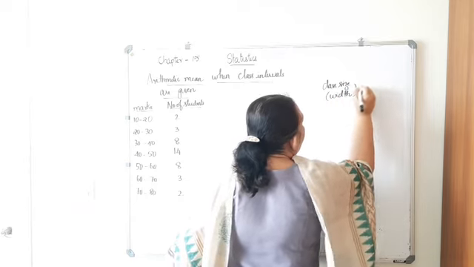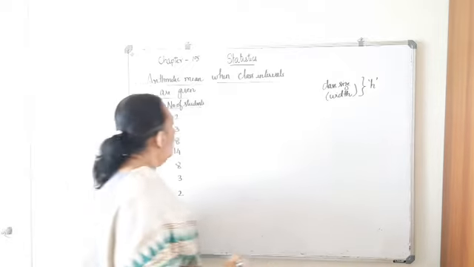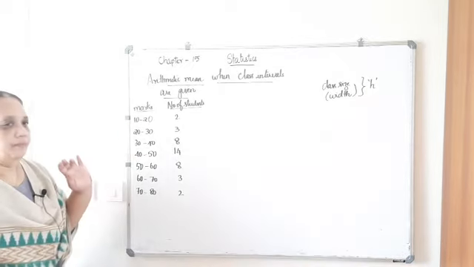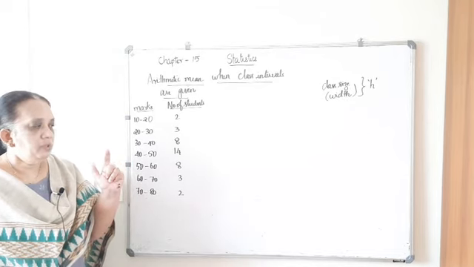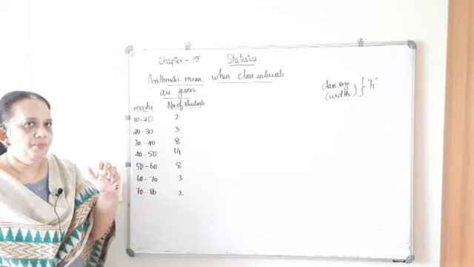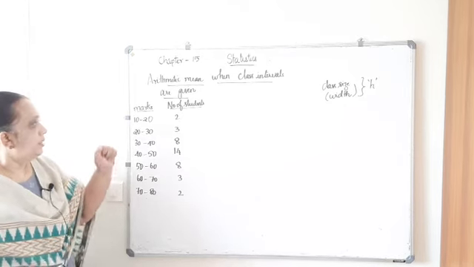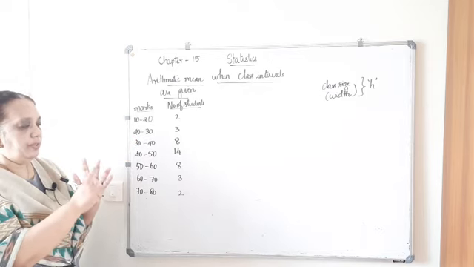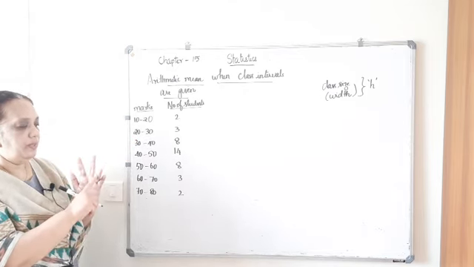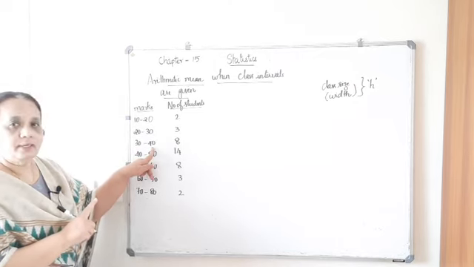It is denoted by the letter H. In the first case, 10 to 20 means the marks will be 10, 11, 12, 13, 14, 15, 16, 17, 18, 19. 20 will be included in the second class: 20, 21, 22, 23, 24, 25, 26, 27, 28, 29. 30 will be included in the third class.